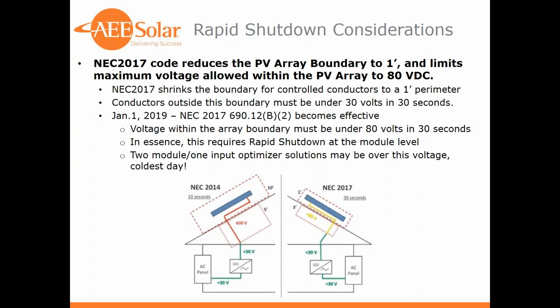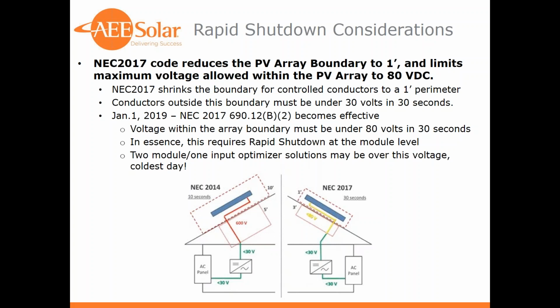So that was adopted. There was a clause in there that prevented the implementation of that interior array voltage until January 1st, 2019. But now we are all under those constraints. So essentially that requires module level rapid shutdown. Some optimizers and some solutions have 2 modules plugged in series together into a single box.